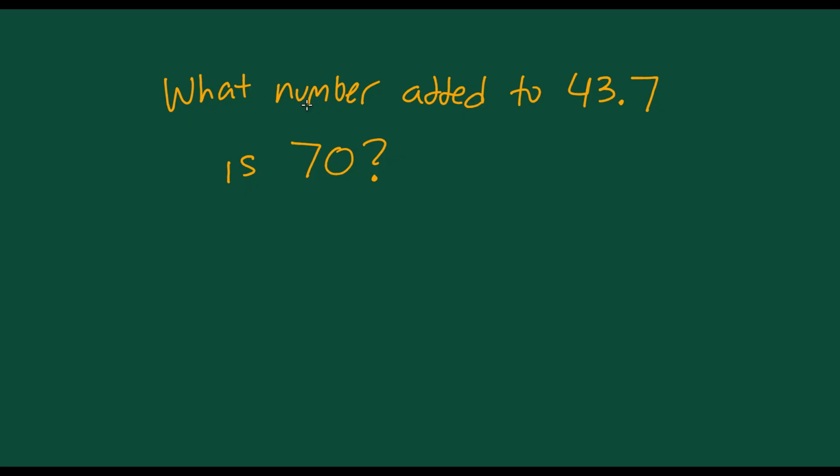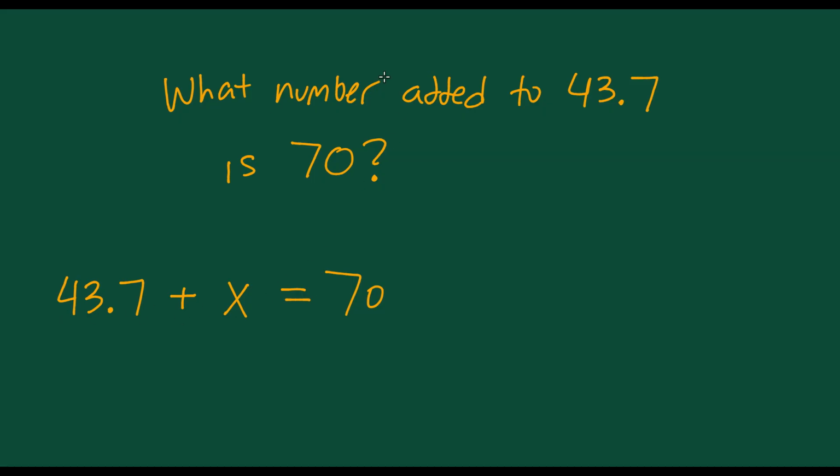What number? How do we represent this part right here in math? What number, mystery number, some number, that's our variable. I'm going to say x. Okay, that's what number. What number added to? So that's added, plus, added to 43.7 is, we talked about this, is means equal in math.